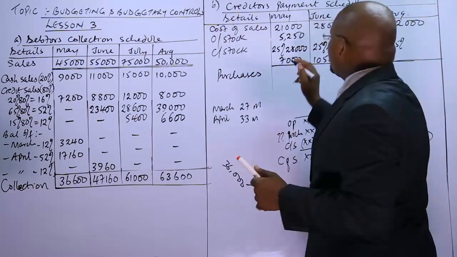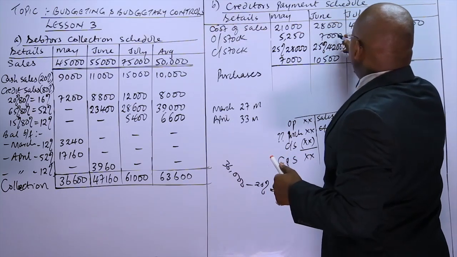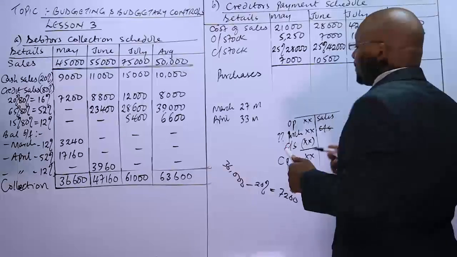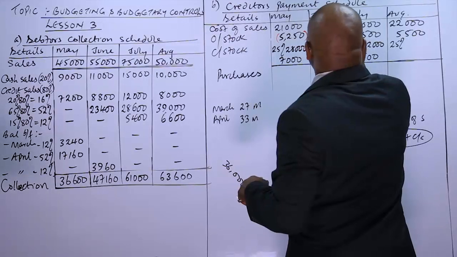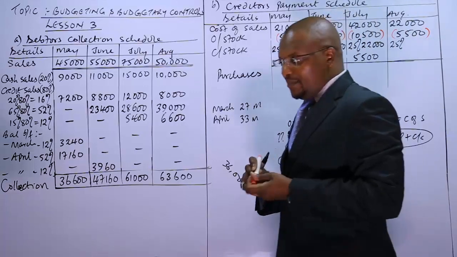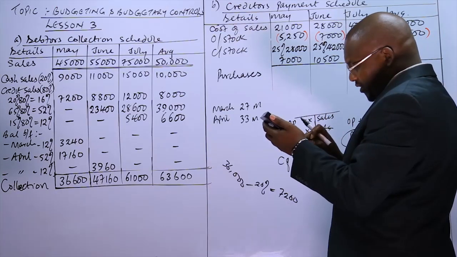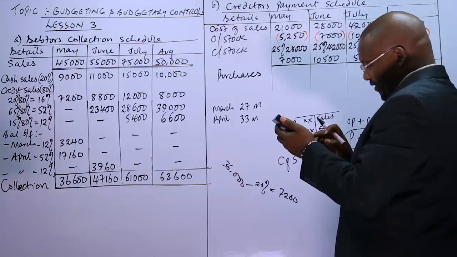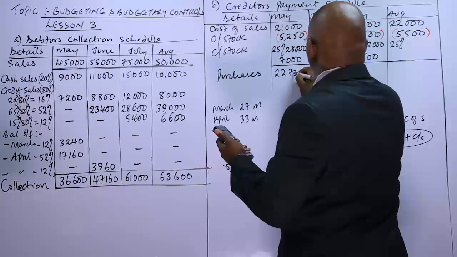The purchases we are having will be, remember, this is not a current purchase. And also remember that the closing of one month is the opening of the next. So here we have 7,000 as opening, 10,500 as opening, and 5,500 as opening. And that means they were not the current month's purchases. So as we work out, we subtract the opening and add the closing stock. For May, we have 21,000 minus 5,250 plus 7,000, this is 22,750.